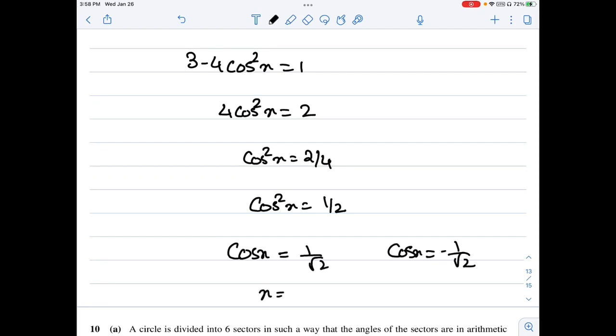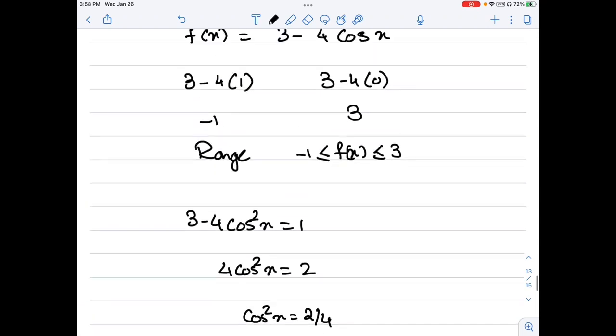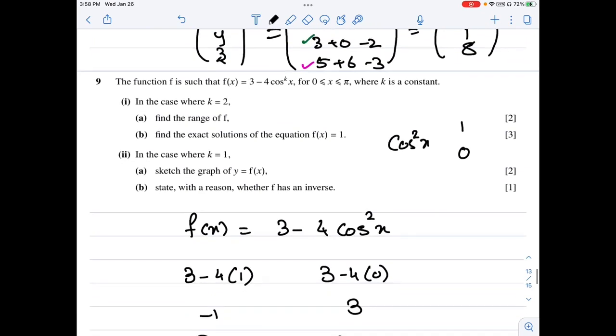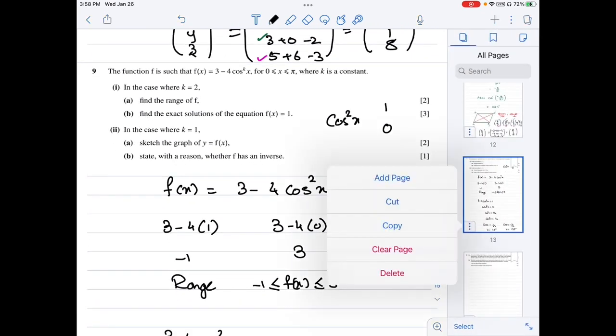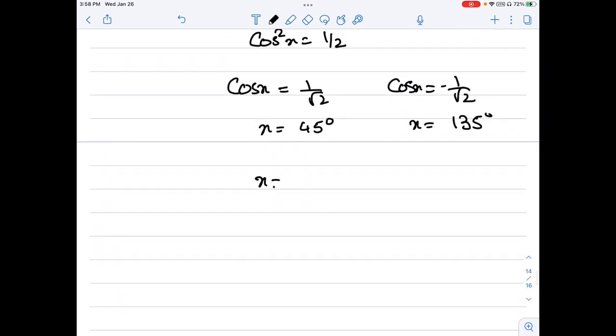Positive 1 upon root 2 gives 45 degrees, negative gives 135 degrees. But I think it is given in radians, so I am going to write it as pi upon 4 and 3 pi upon 4. That's going to be the answer.